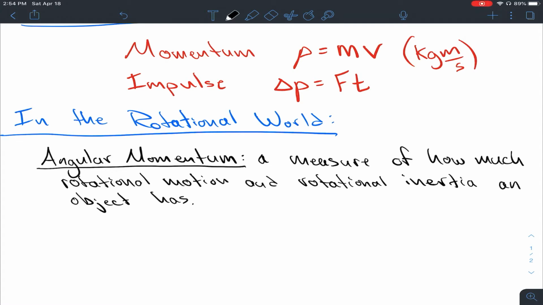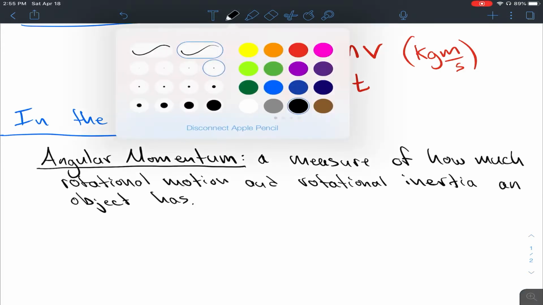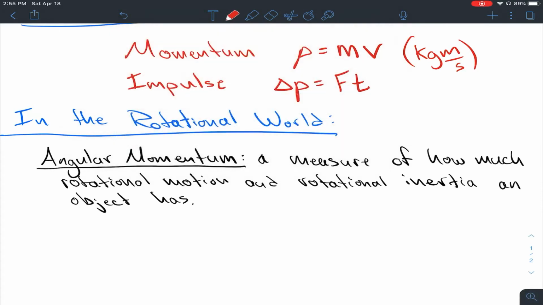But in the rotational world, that mass becomes inertia, this rotational inertia that we've been talking about. And the velocity becomes our angular velocity. So our equation for this looks like so. L equals I omega, where we have some units for these things that we need to talk about.